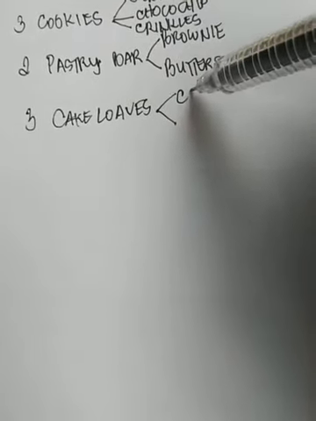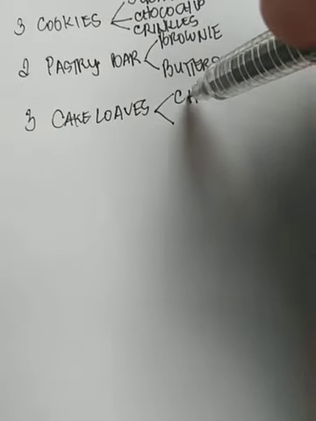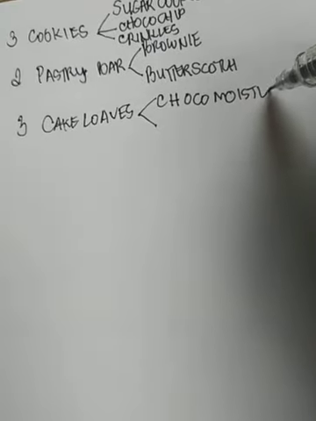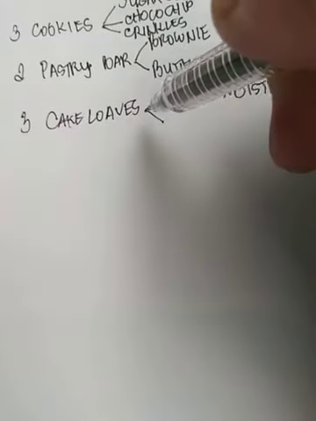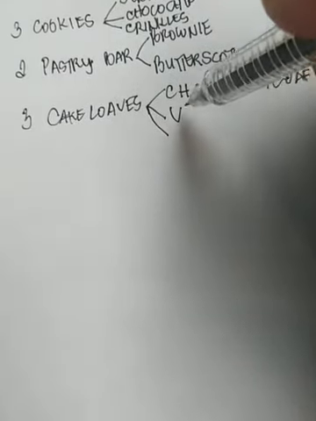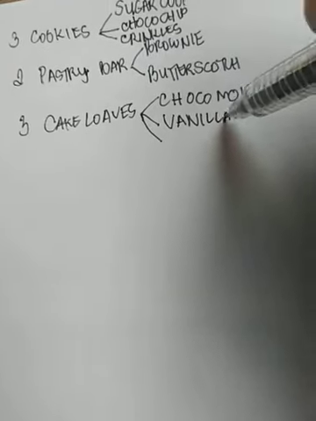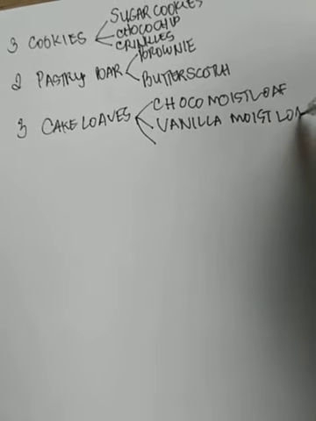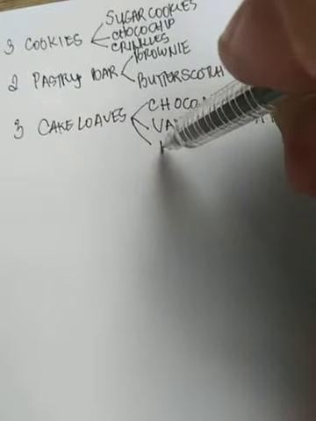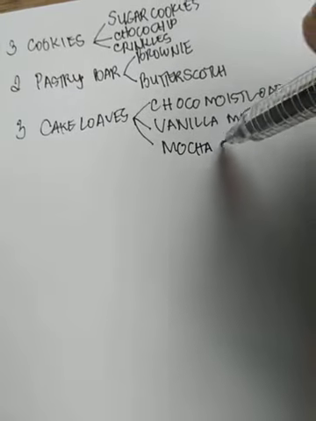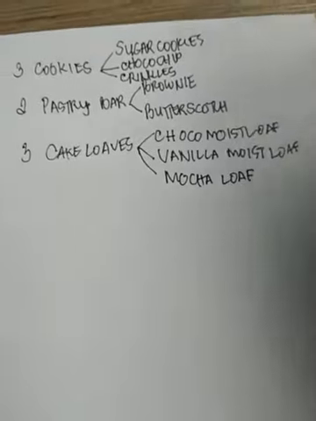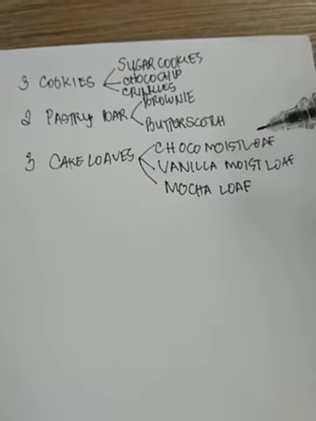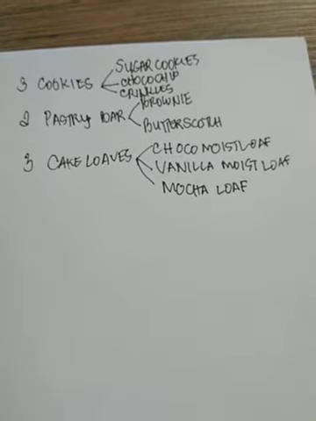Let's say chocolate moist loaf, vanilla moist loaf, and let's say mocha loaf. Okay, so you have sugar cookies, chocolate chip, crinkles, brownie, butterscotch, choco moist loaf, vanilla moist loaf, and mocha loaf.